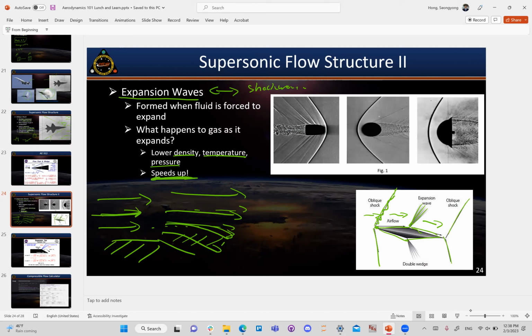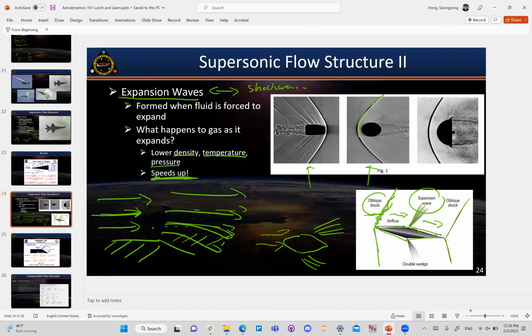But yeah, oblique shocks and expansion waves are coupled together because the geometry of your spacecraft or your aircraft will always be that you're hitting the flow at one end, and then you're tapering down, so you're going to force the fluid to expand somewhere. And this is what you see in these other images.